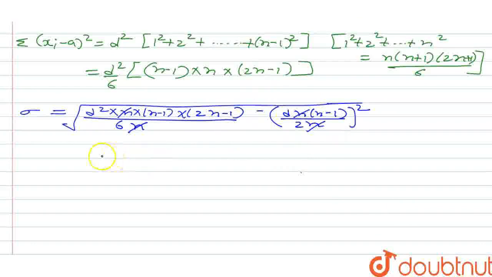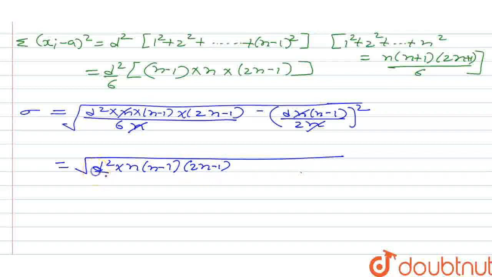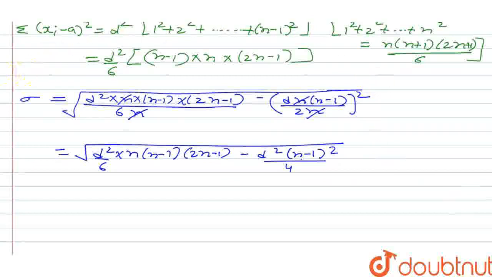Now as we can see that d square, let's open the bracket first of all, then we will write. So d square into n minus 1 into 2n minus 1 upon 6, then minus, here let's open the bracket, d square into n minus 1 whole square upon 4. Now as we can see in both the terms, d square is common and n minus 1 is common and 2 is common. So let's take out common parts here.